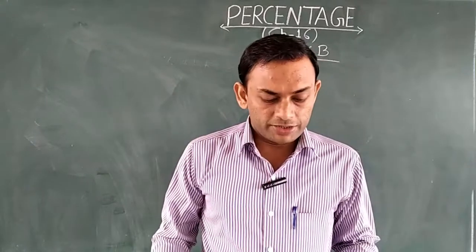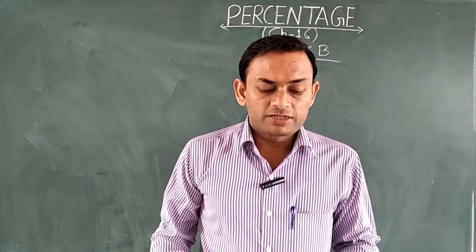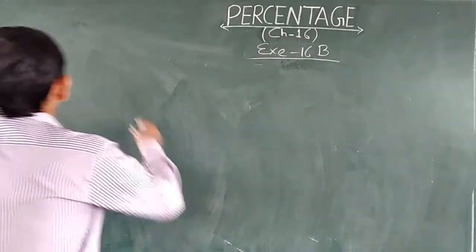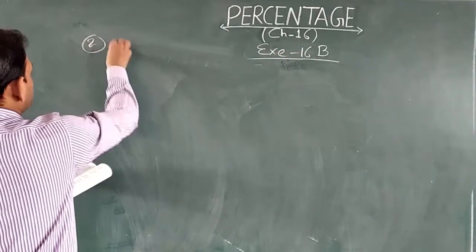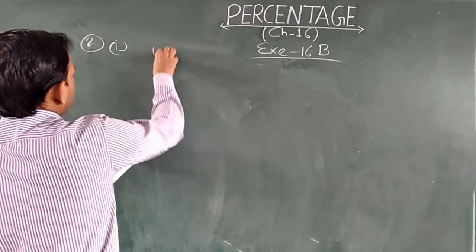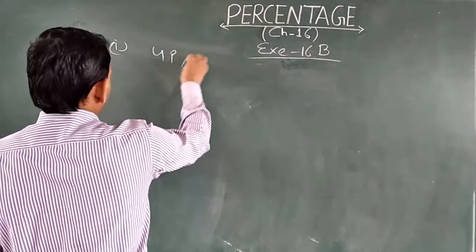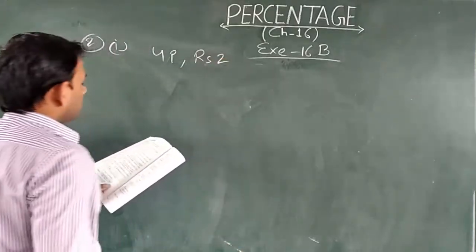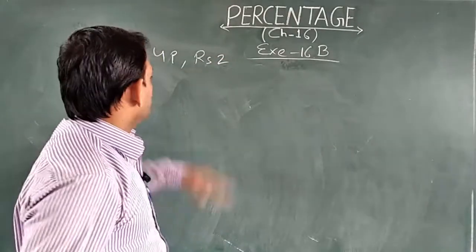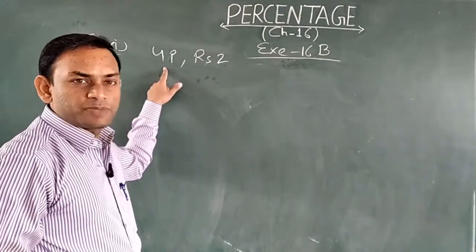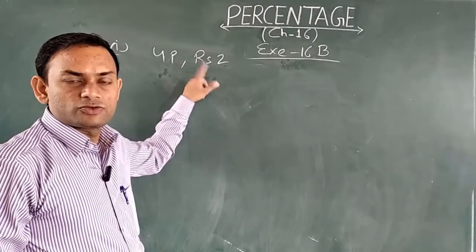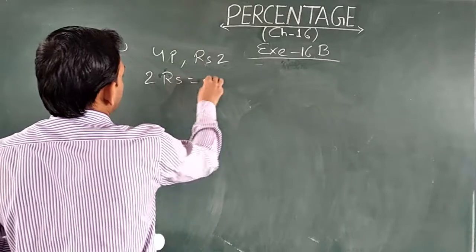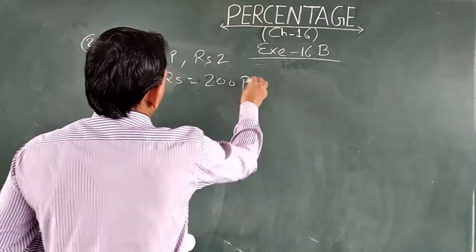Now question number 2: express the first quantity as a percentage of the second value. This is question number 2, first part: 4 paise and 2 rupees. Again the same thing, two units are there, the first in paise and the second in rupees, so you will change the unit. 2 rupees is equal to 200 paise.